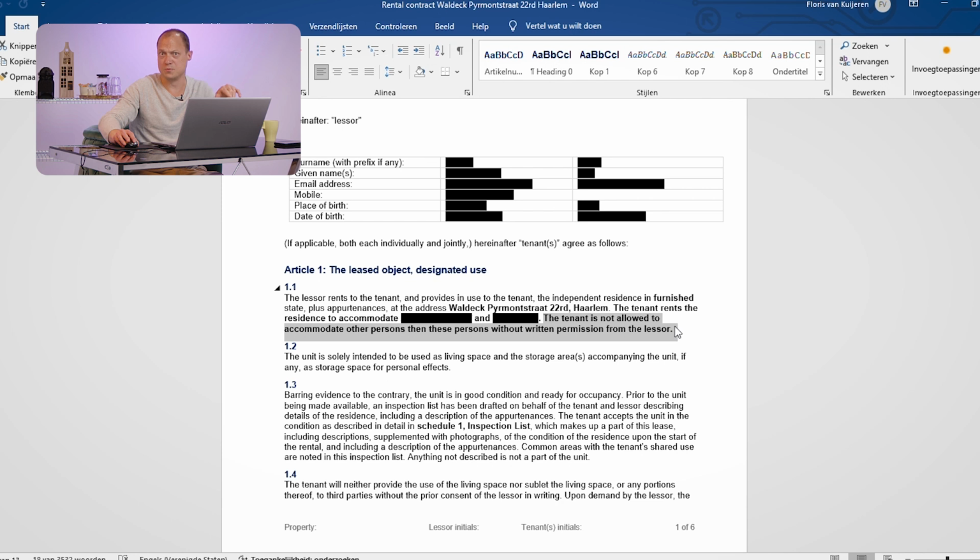I've blurred these two persons because this is a real rental contract. But let's say this was for John and Amy, John Johnson and Amy Johnson, whatever. It's important to write that in Article 1.